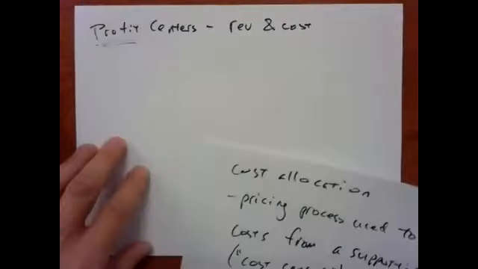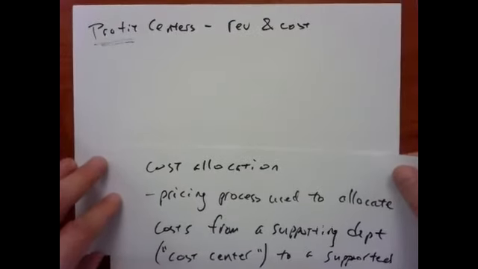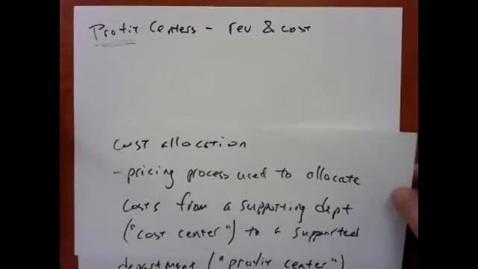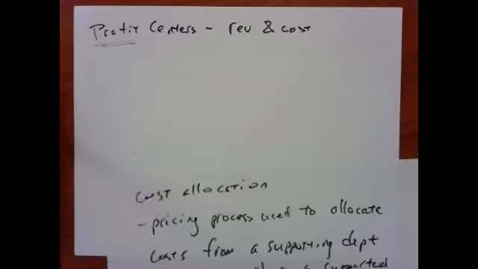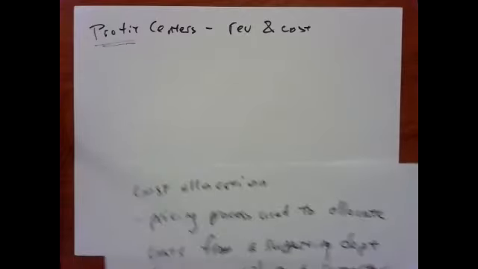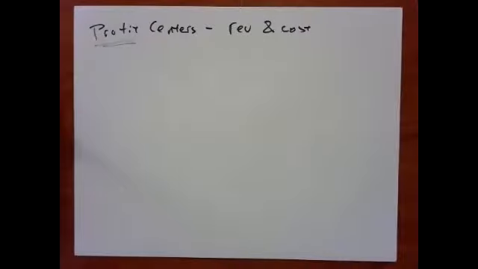So when we use the phrase profit center and cost center, what we're referring to are organizational units within our larger organization. Cost centers just generate cost. Profit centers generate both revenue and cost.